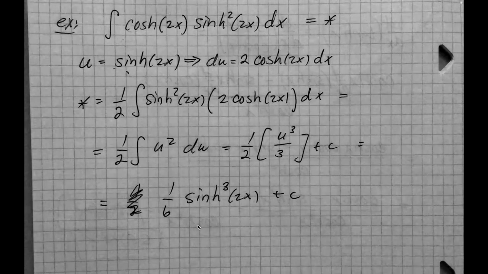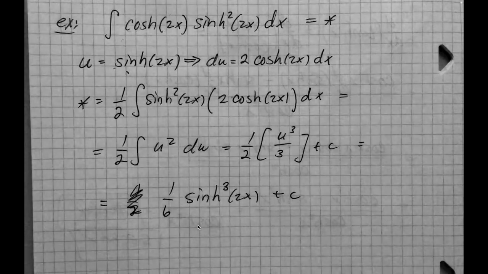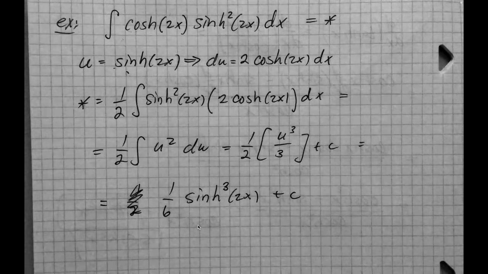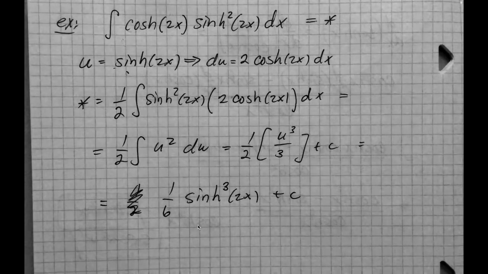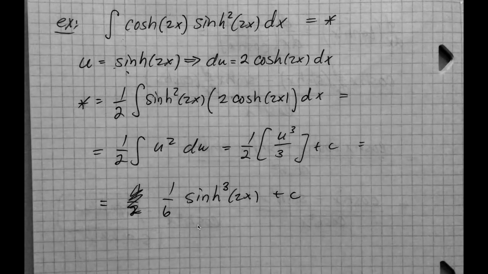For example, if it's hyperbolic sine of x, you can write it as e to the x minus e to the negative x over 2 and integrate if you want to. So they may be kind of crazy functions, and things you haven't seen in the past, but they're not something to be afraid of.